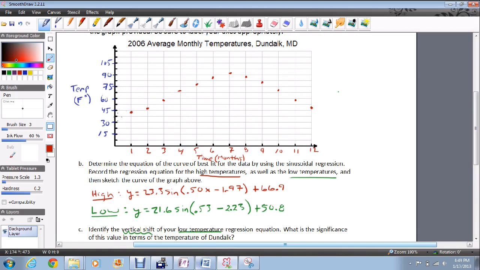I want to just sketch that curve in that we were told to do in part B. So I just kind of dragged my pen on there, did some dots, and have our curve in there.